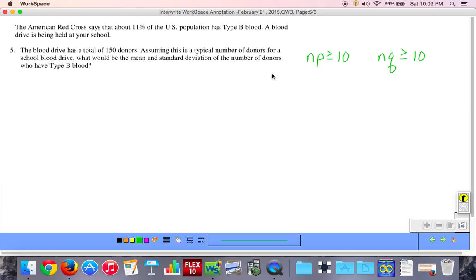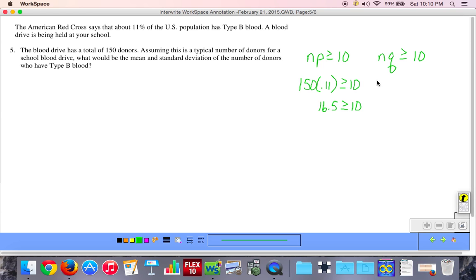So n is number of donors, 150, times 0.11. And clearly 150 times 0.11 is bigger than 10. It's actually 16.5. All right. And let's check our condition here as well.